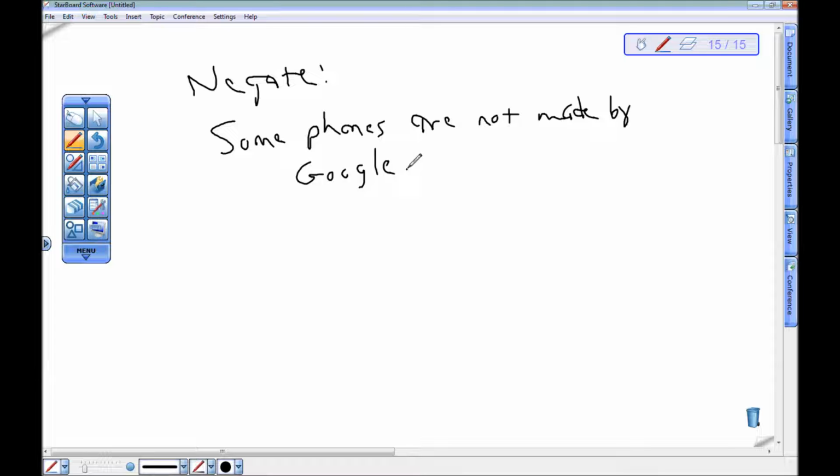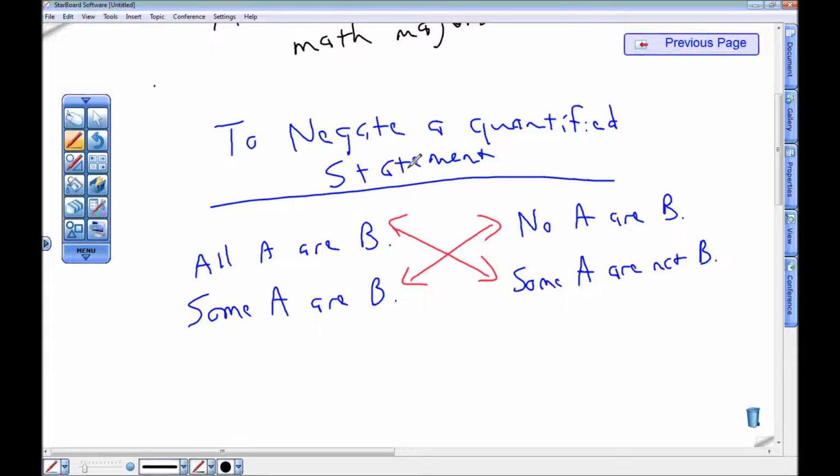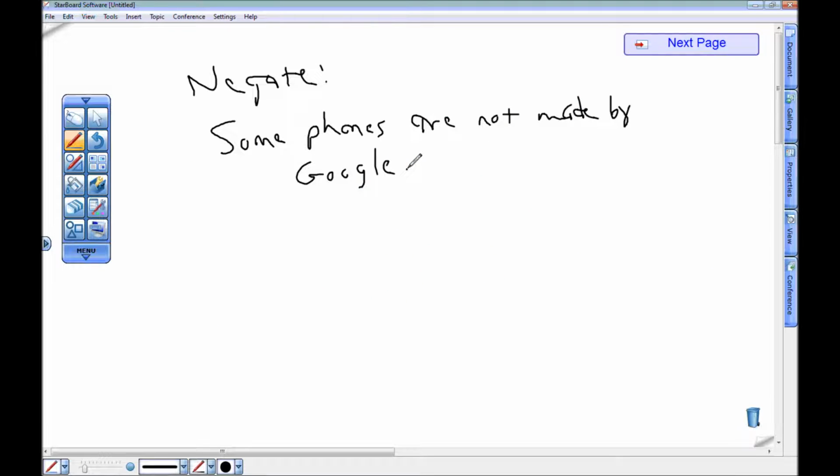So that's of the form some A are not B. If I look here, some A are not B is down in the corner. So I want to go diagonally from that and say all A are B. So the negation of some phones are not made by Google should be all phones are made by Google.